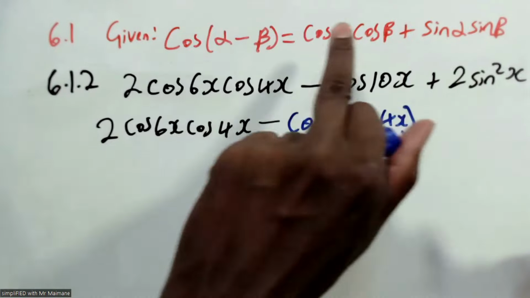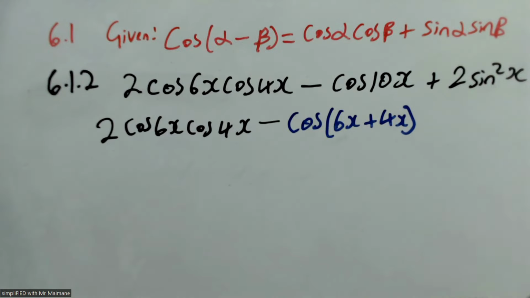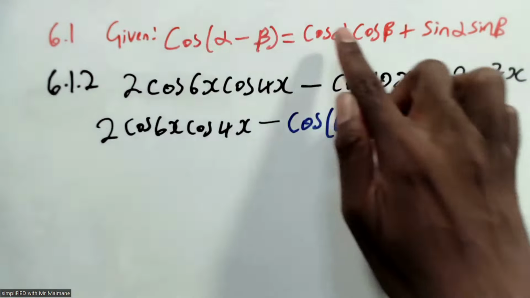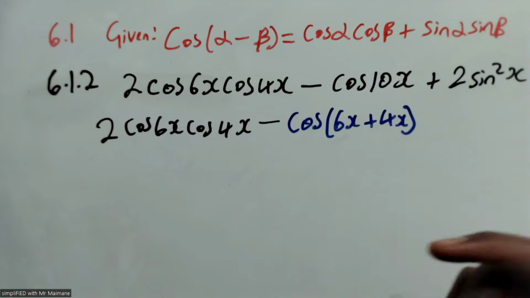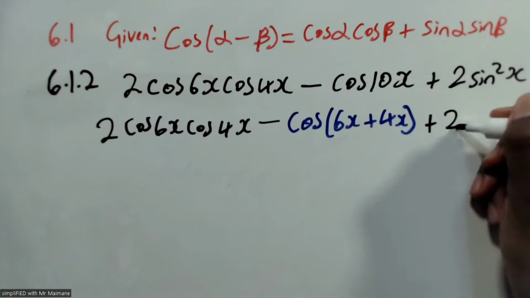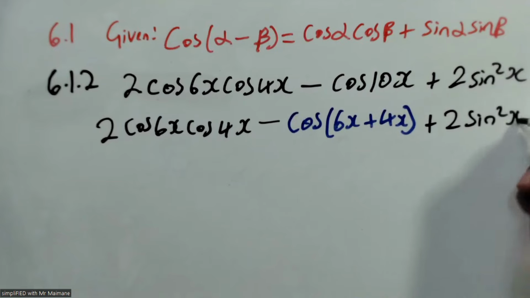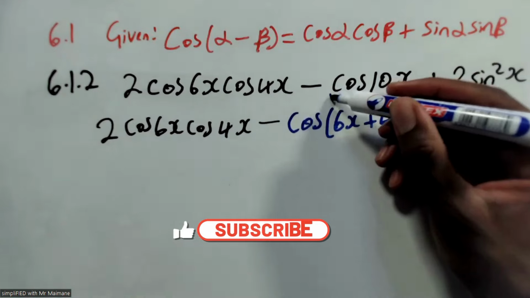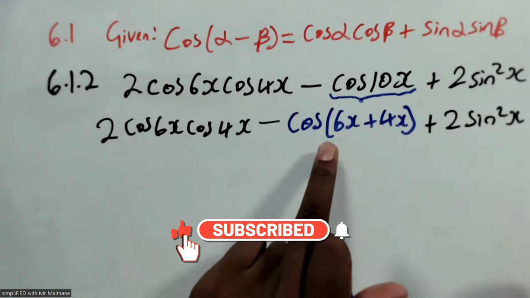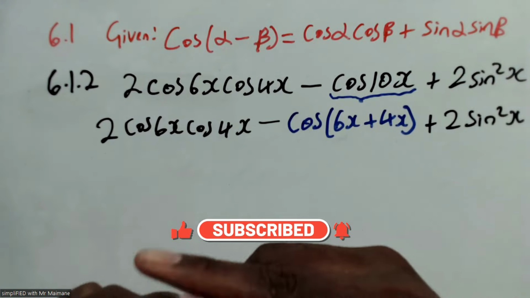So now this is going to be plus 2 sine squared x. The only thing we had to simplify here was to write this part in the form of this. So we're getting somewhere here.